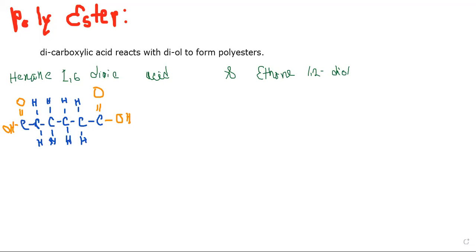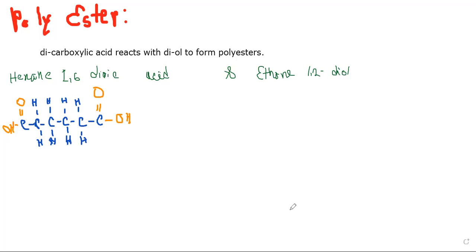As you can see, there are 6 carbons attached with 2 COOH functional units. The name is 1,6 because the dioic acid functional group is attached with carbon 1 and carbon 6. That's why the name is hexane 1,6-dioic acid.